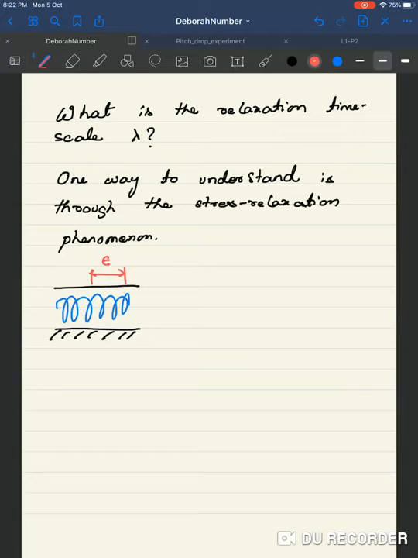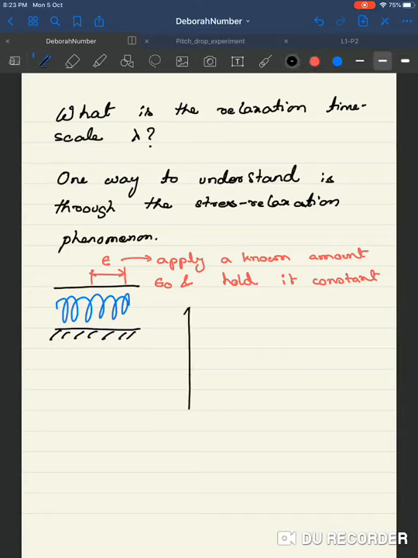So let us say you apply a known amount of strain, say epsilon naught, and hold it constant. Now the strain is being held constant, but if you plot, sorry, let me draw it a little bit better.